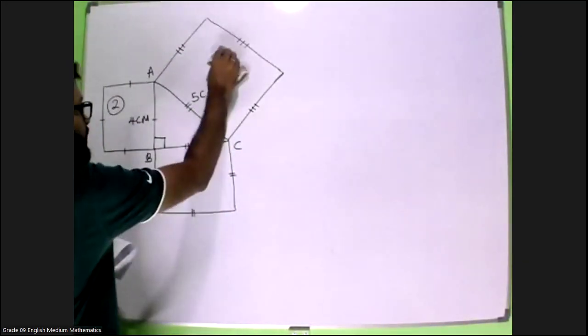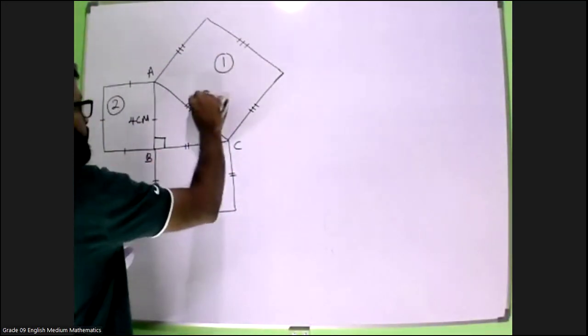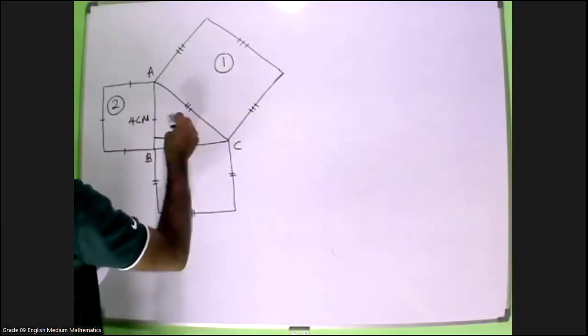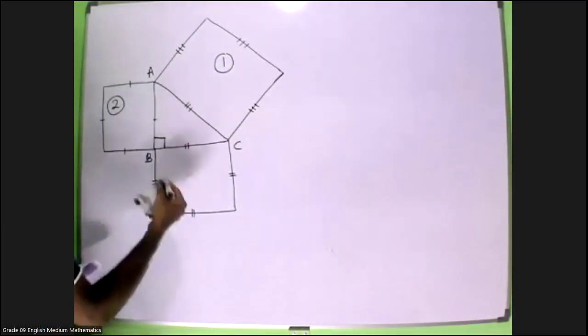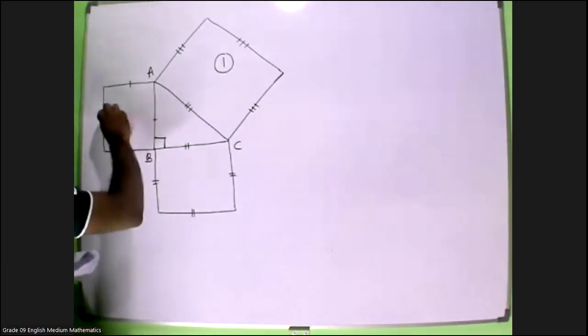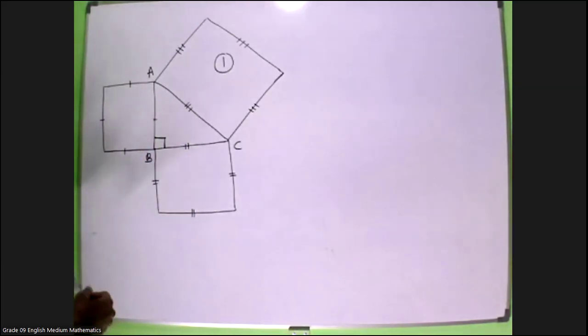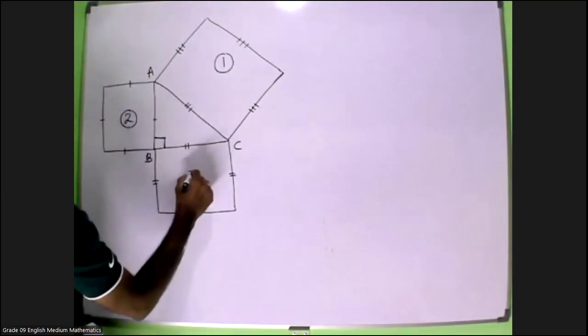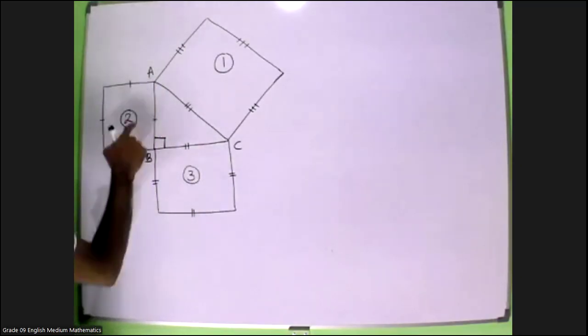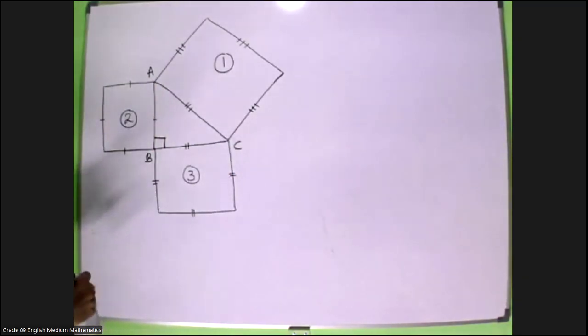So I will explain again. One, this is our number two, and this is our number three. A, B, and C, right?